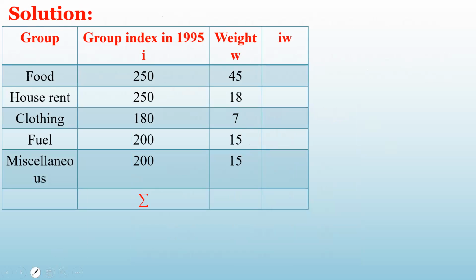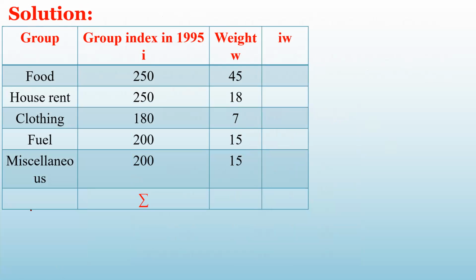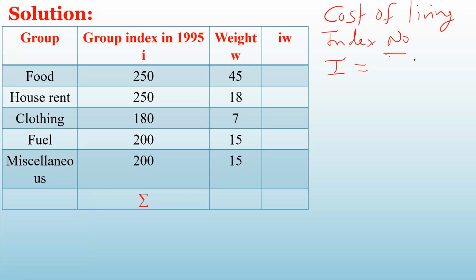To find out the cost of living index number, I need to find out IW. Okay. So you know what is the formula for cost of living index number? A summation of index into weight divided by summation of weight.